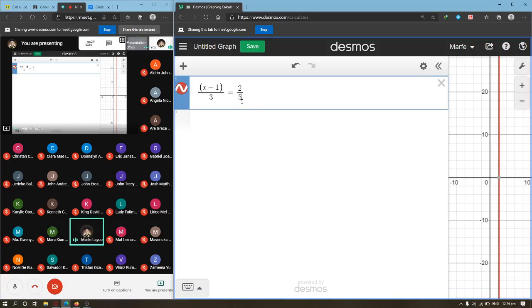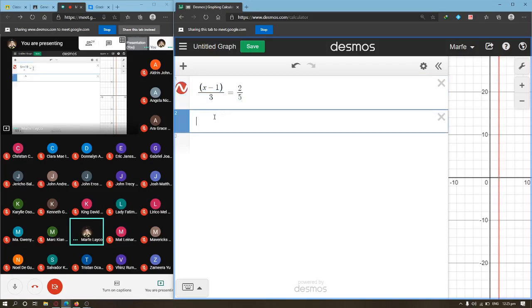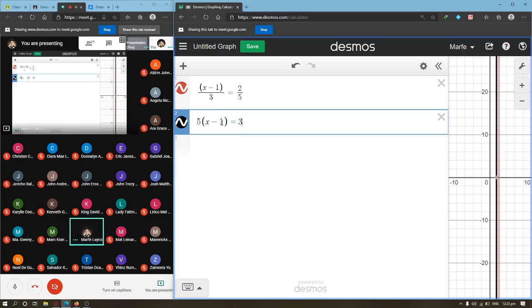Pero ako, ang ginagawa ko, if we are dealing with equations or equalities such as this, kino-cross multiply ko lang siya. Cross multiplication, numerator ng left side multiply by the denominator on the right side. So, it is 5 multiplied by x minus 1 is equal to yung 3 multiplied by 2.